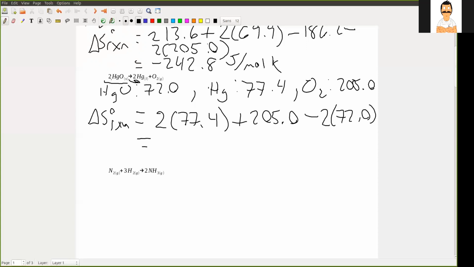And that's going to get us a change in entropy of 215.8 joules per mole Kelvin.